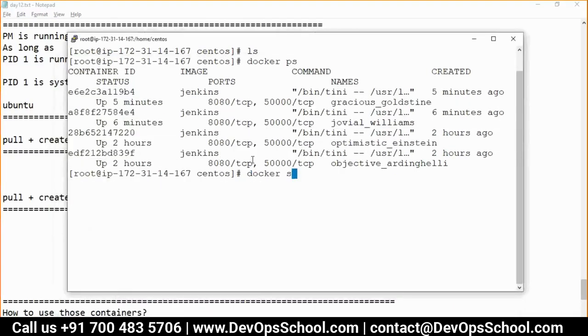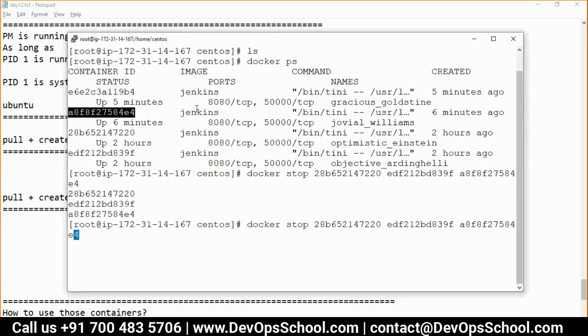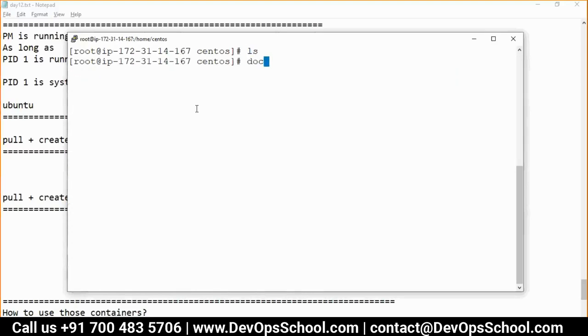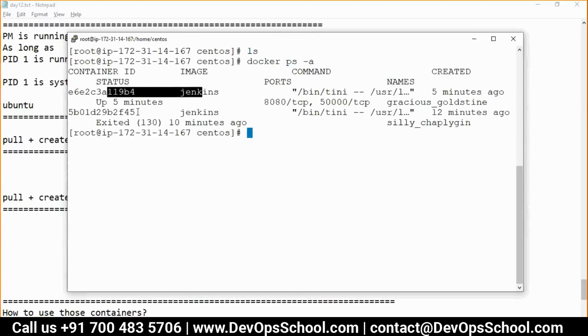I am doing docker stop on these 1, 2, 3 containers. I stopped them gracefully, and after that I remove these containers. Why? Because I want to run a few more containers. So now you see here, with docker ps, I have only one container running.